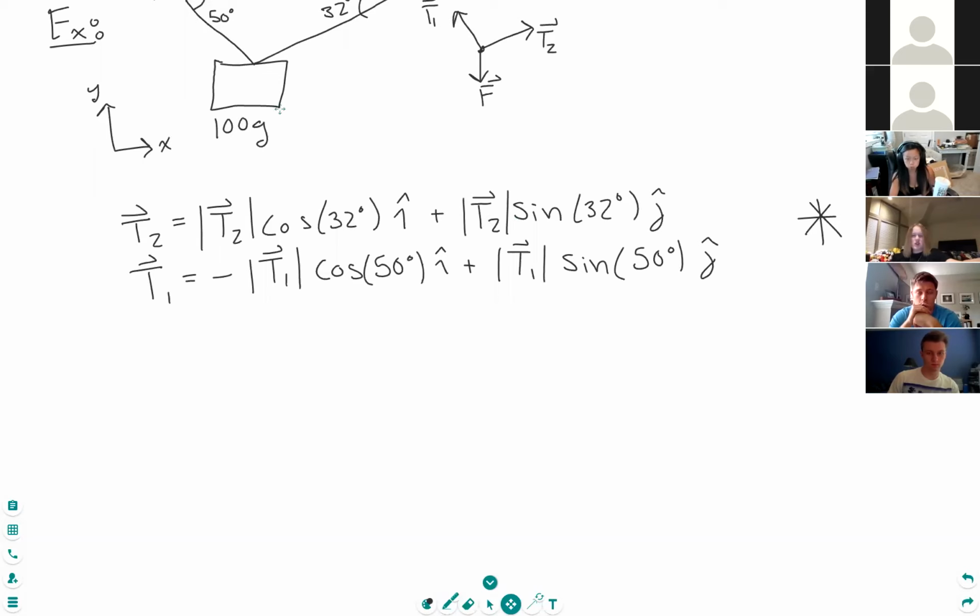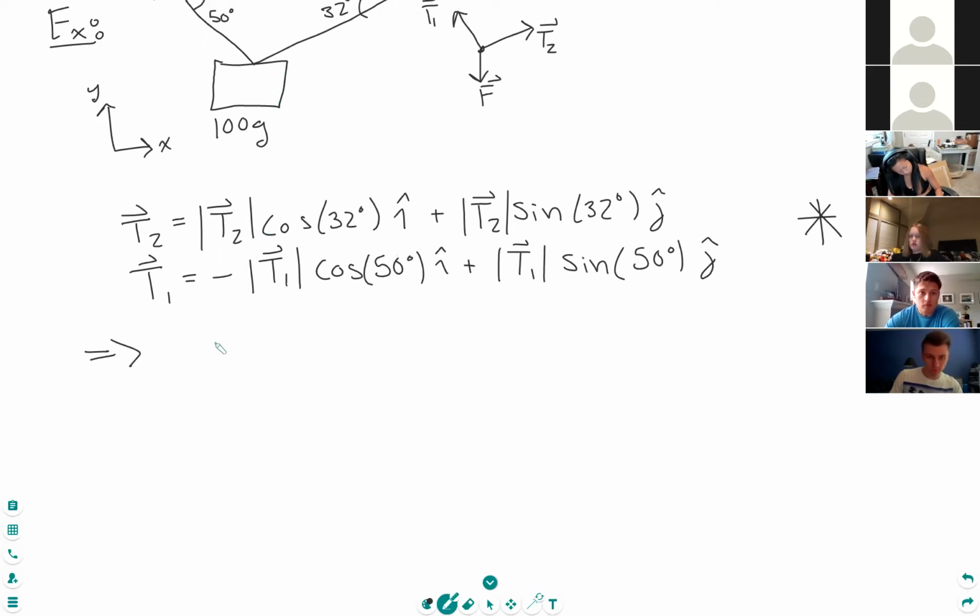Okay, so let's use some physics knowledge, right? This box is not accelerating. It's going to just stay where it is, just hanging there. Hopefully, it doesn't fall. So that means that all of the forces in the x direction and the y direction end up canceling, right?